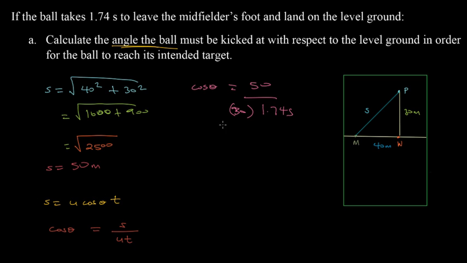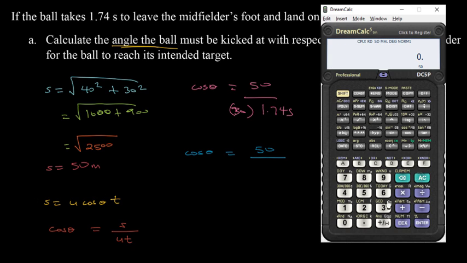So now we're going to get that cos theta is equal to 50 divided by 30 times 1.74. Let's evaluate that. 30 multiplied by 1.74 gives us an answer of 52.2.